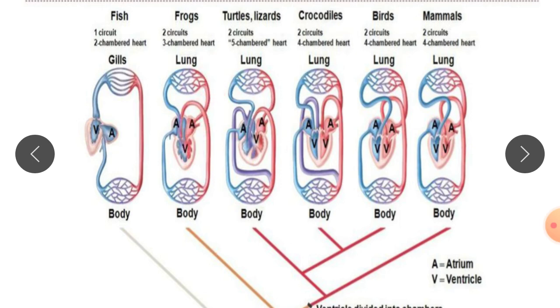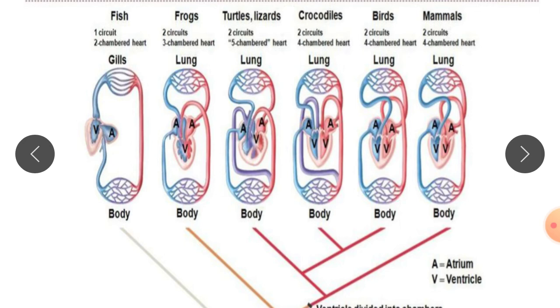These two mix up, and this is supplied to the body like this. So blood visits the heart two times, but here in the ventricle both are mixed up. Therefore this is called incomplete double circulation.